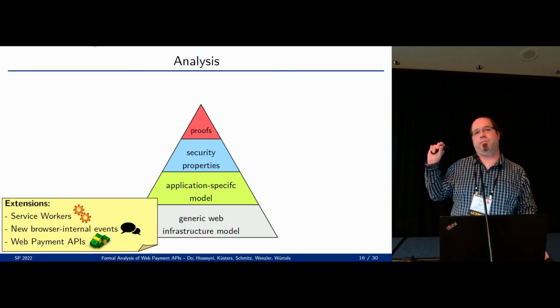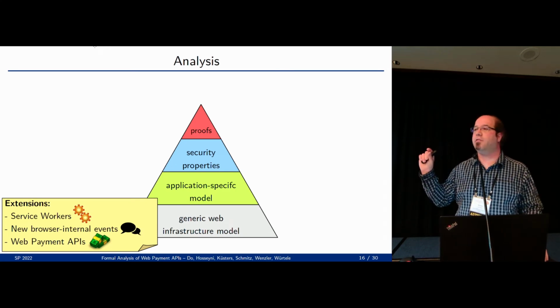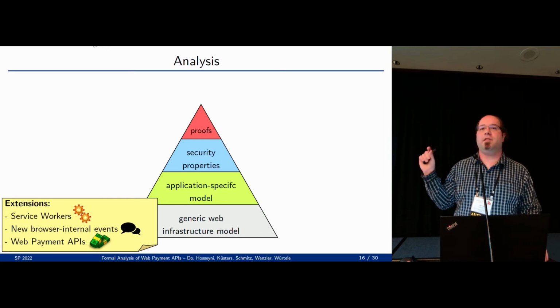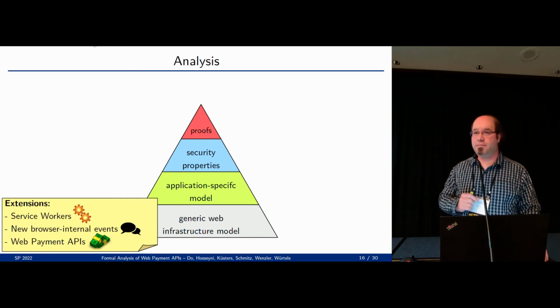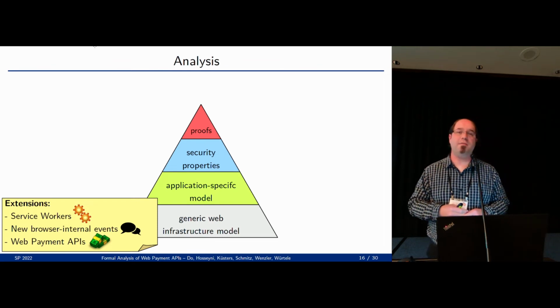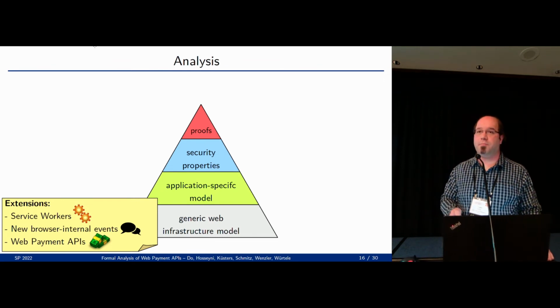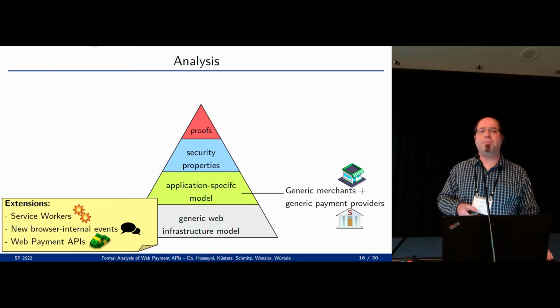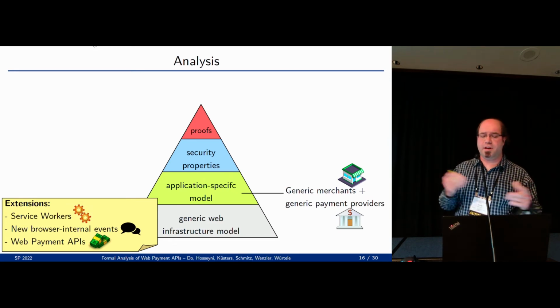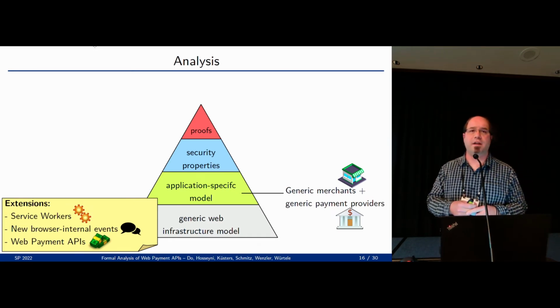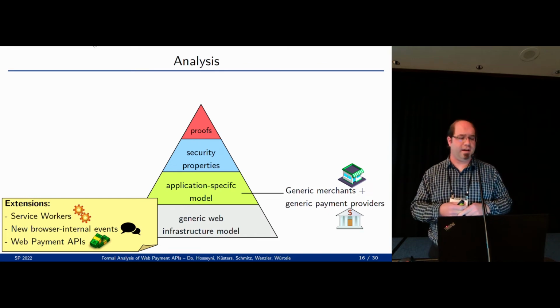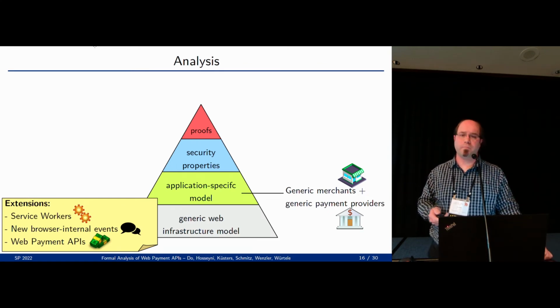So these two contributions are also of independent interest because they are not specific to web payment. And of course, we include the web payment APIs themselves in our browser model. Our application-specific model contains generic merchants and generic payment providers that non-deterministically exercise the web payment APIs.